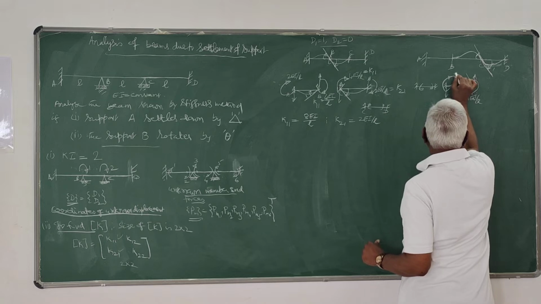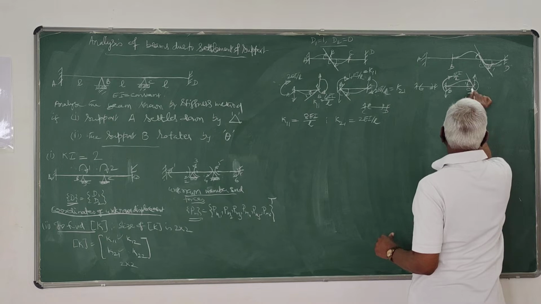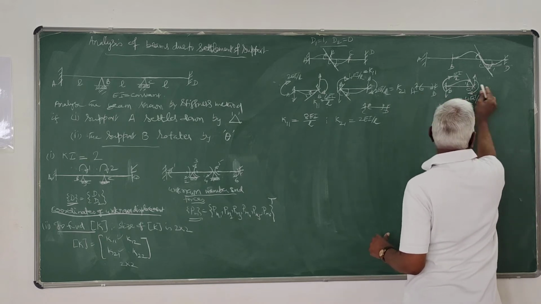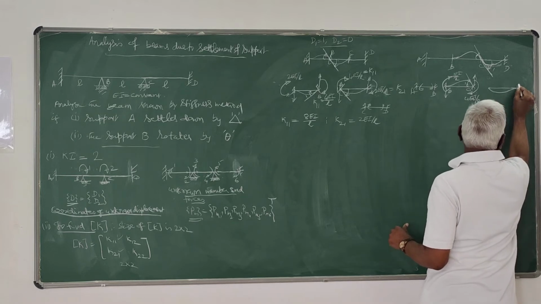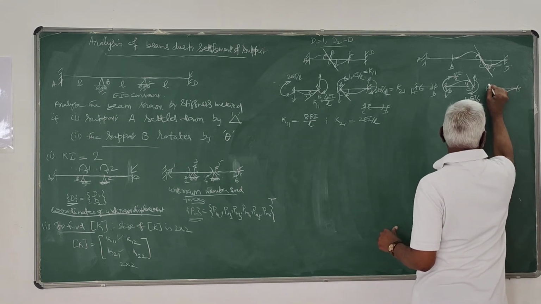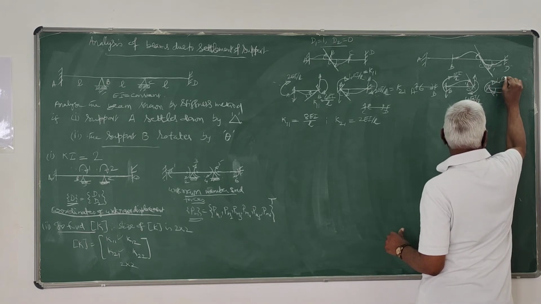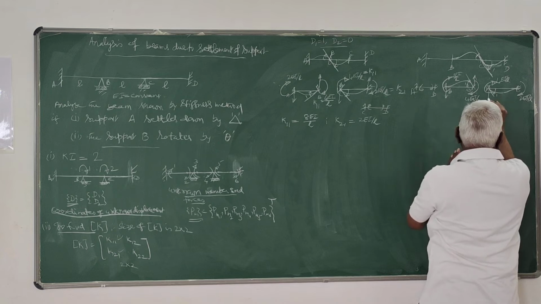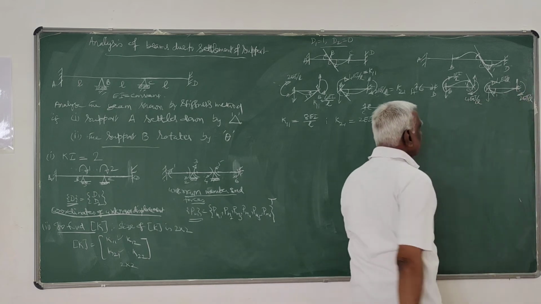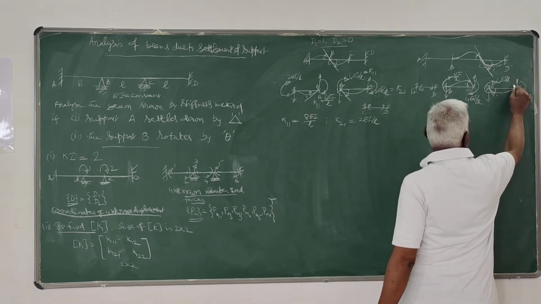And this is 2EI by L. Here, this is B, C, A, B, and CD. CD has gone like that. Unit displacement, so this has to be 4EI by L, here 2EI by L, and the resisting force will be there, it will not be used. So these are the forces developed, C, D.